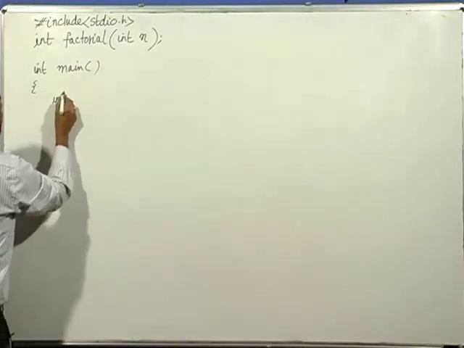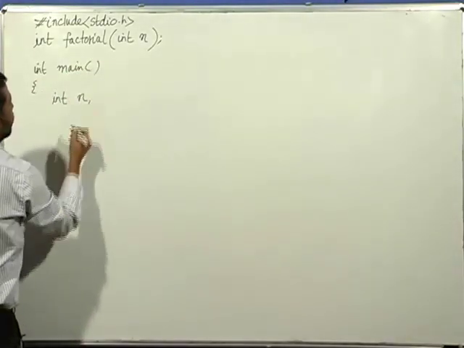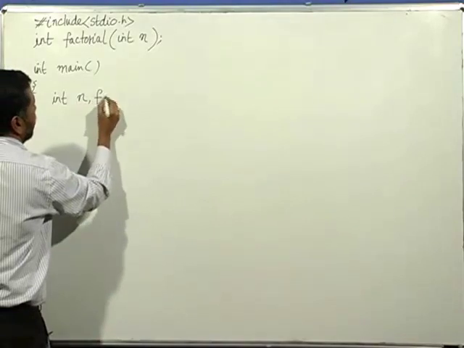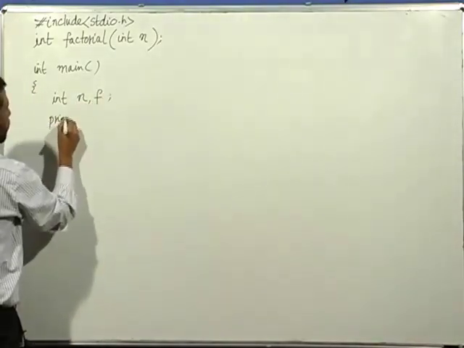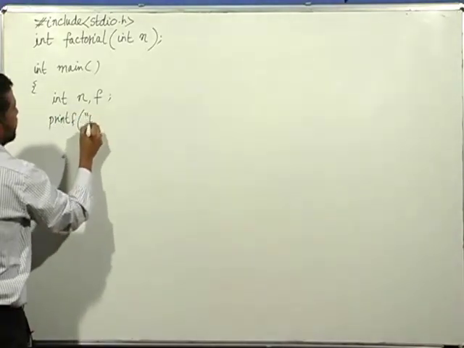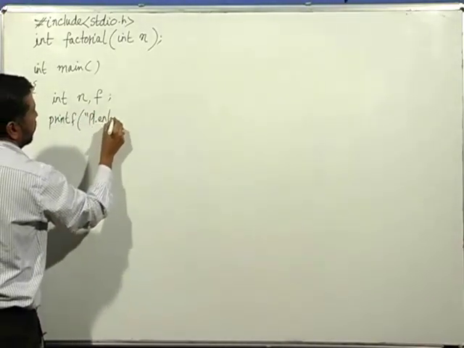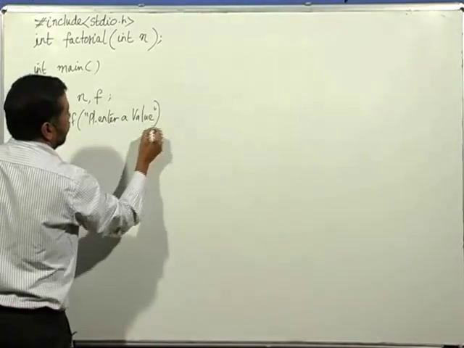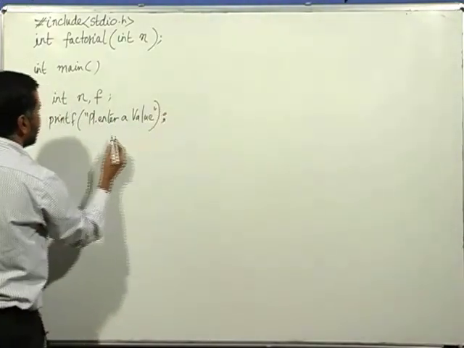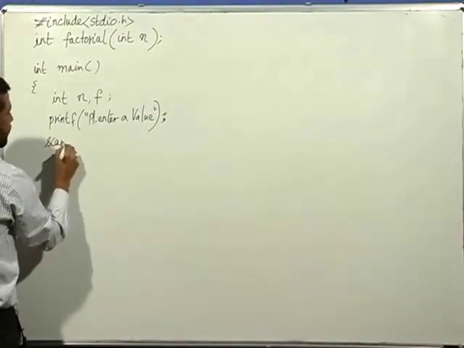We will simply declare one variable here. Another, we will ask the user, please enter a value. We will read the value typed in by the user using the scanf statement.